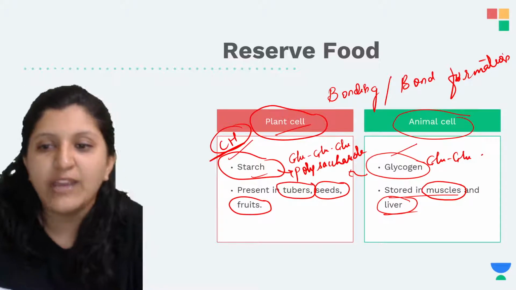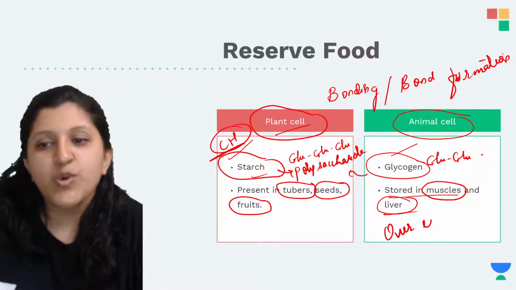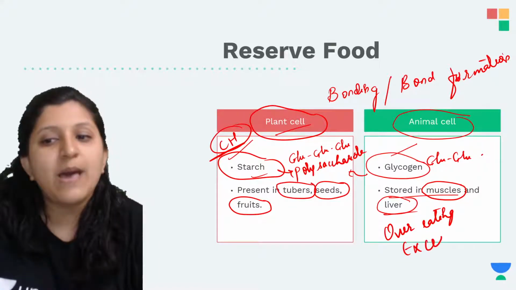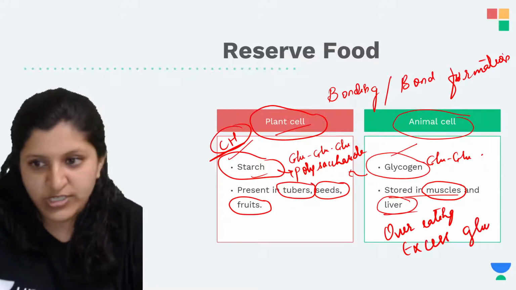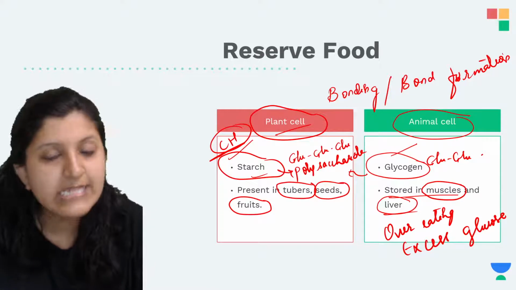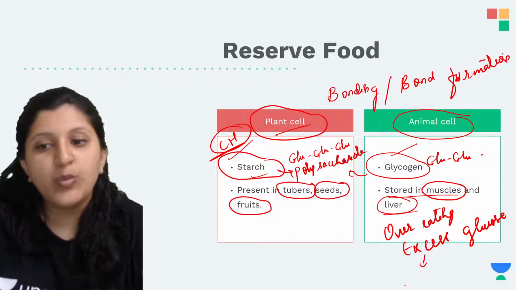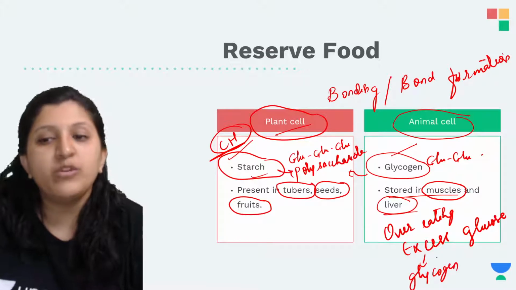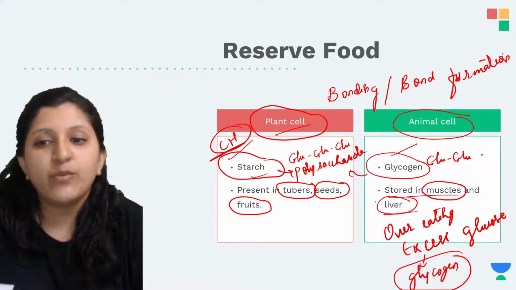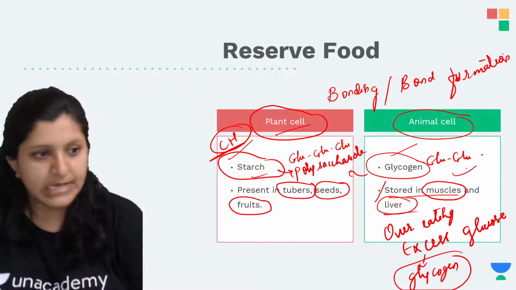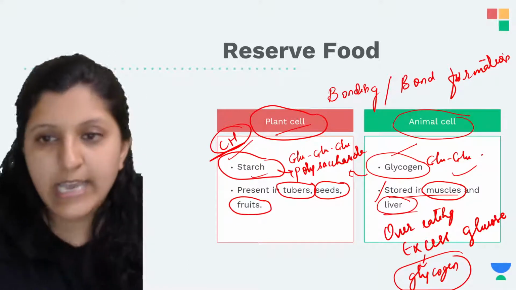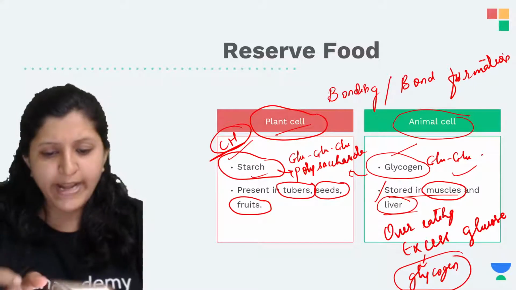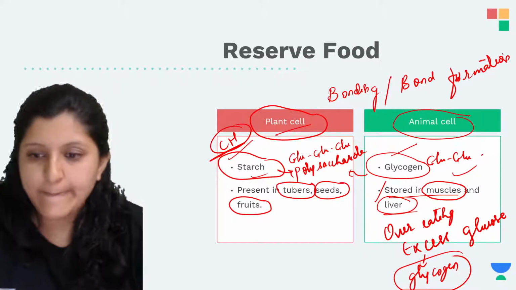Whenever you have done overeating, the excess amount of glucose will be converted into glycogen, and that glycogen will be stored in the liver and the muscle. This is in case of animal cells. All right, any doubts you have?